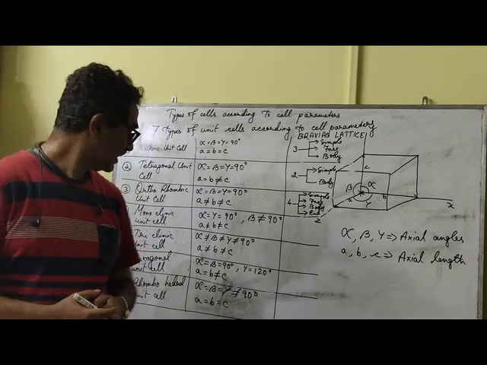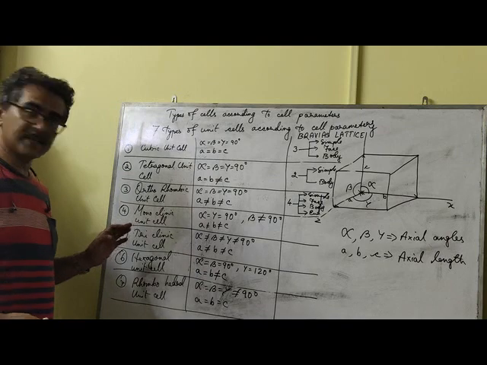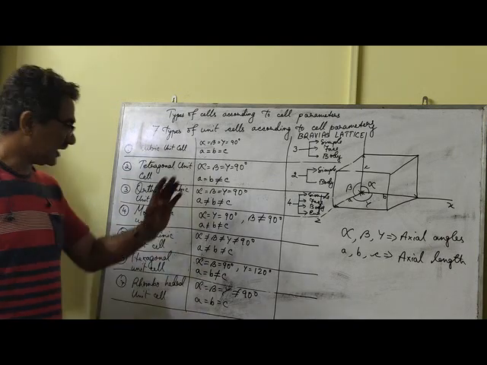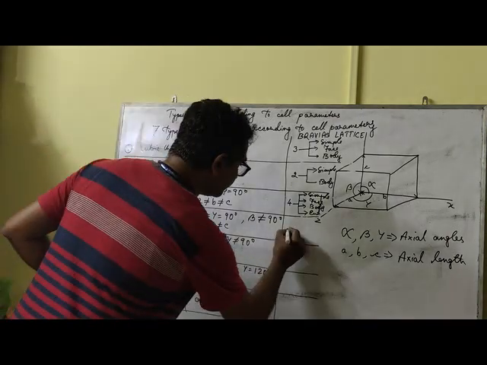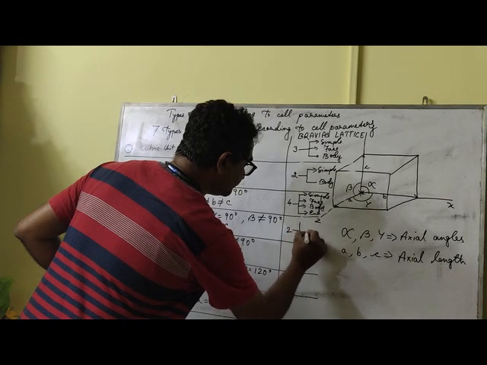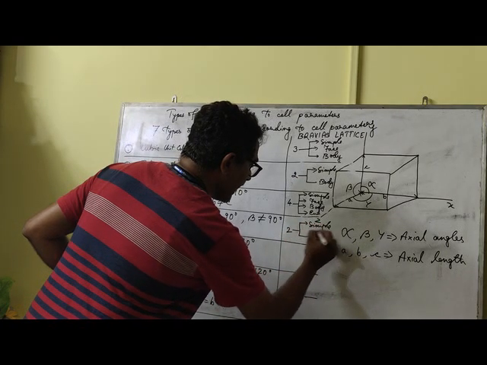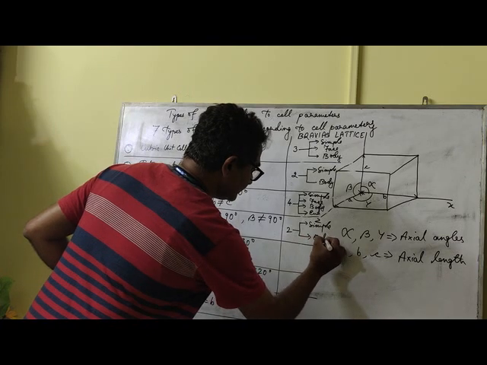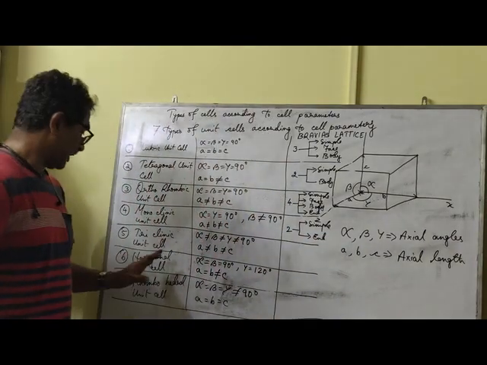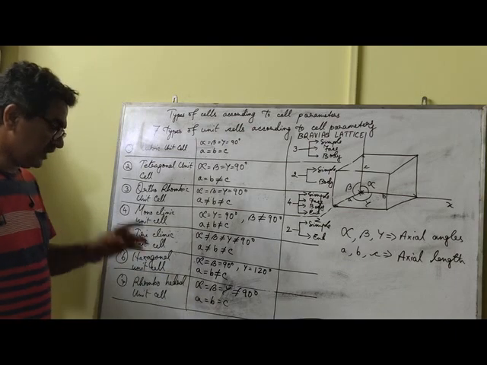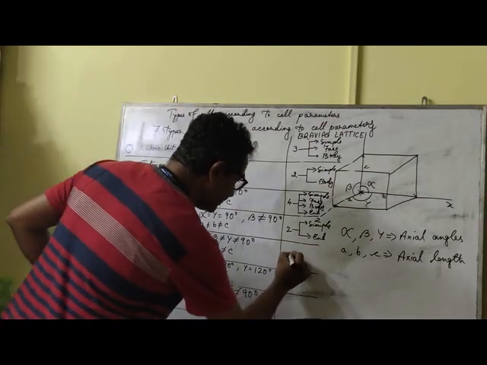Next comes the monoclinic unit cell, for which there are only 2 possibilities. That is simple and end centered. Okay, now for the triclinic unit cell, you have only 1 possibility, that is simple.